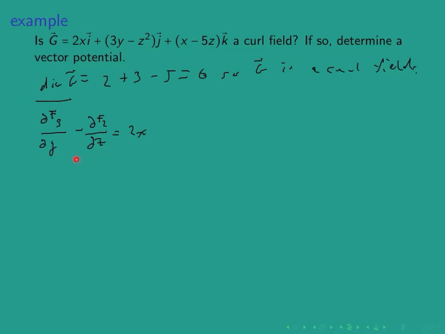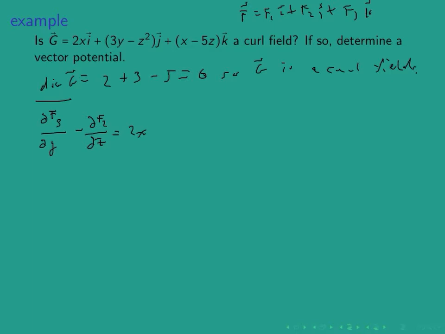So this piece is the coefficient of i in the curl of F. So I'm thinking of F, the vector field that I'm looking for, as F1 i plus F2 j plus F3 k. Okay, so the i coefficient of the curl of F looks like this. It's the partial of F3 with respect to y minus the partial of F2 with respect to z.